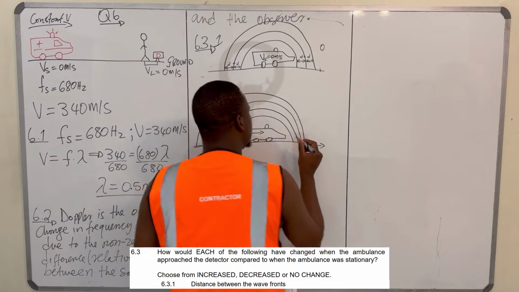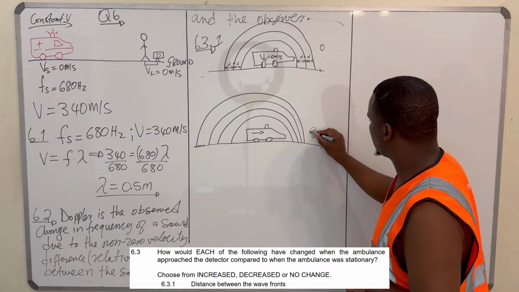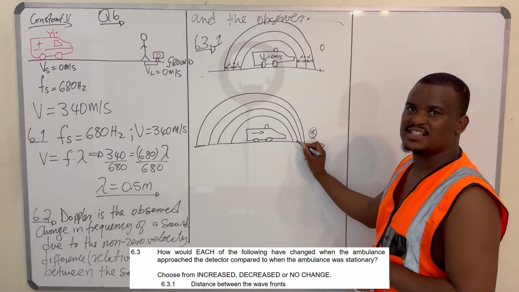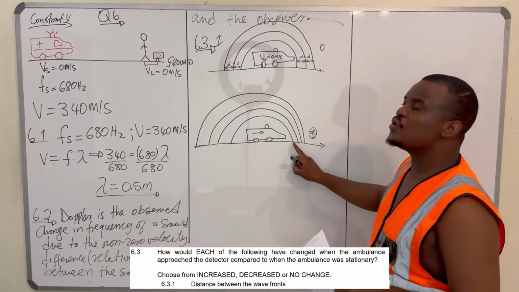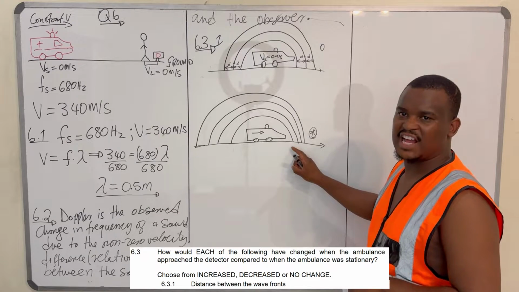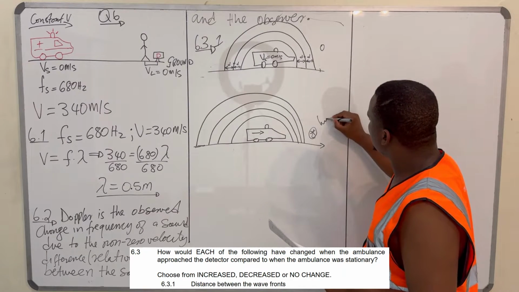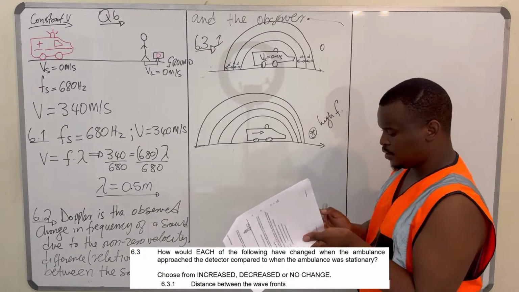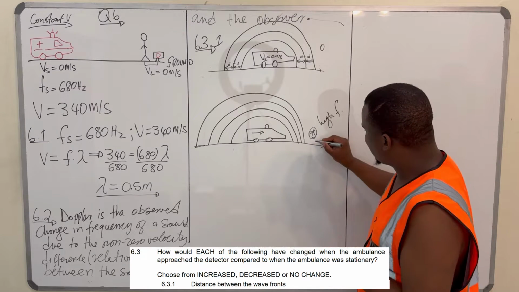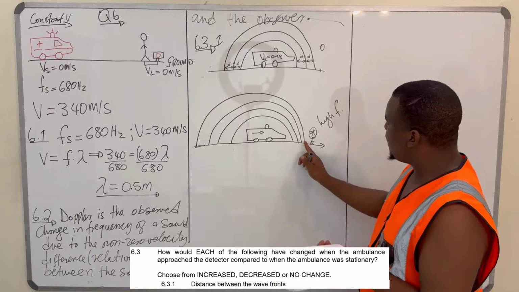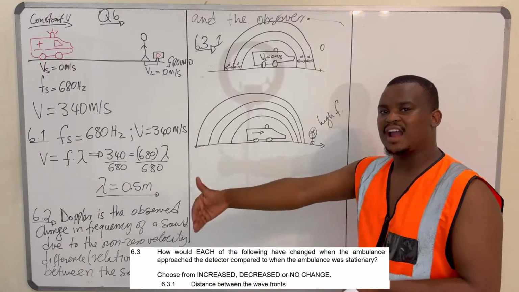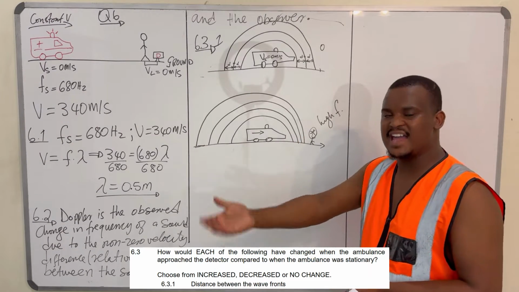So, if you are in the front here, many waves will be hitting you per second, so you'll observe high frequency. If you're standing in this position, you'll be reached by many waves per second because they are getting to you at a higher rate.